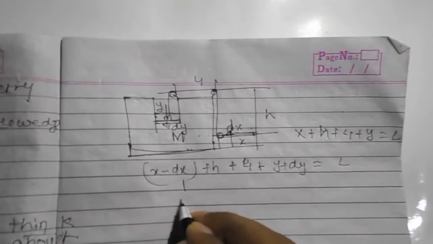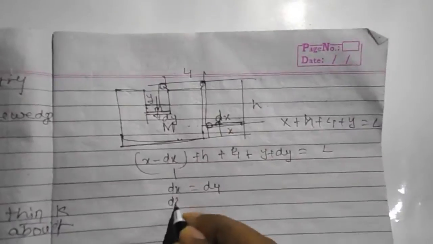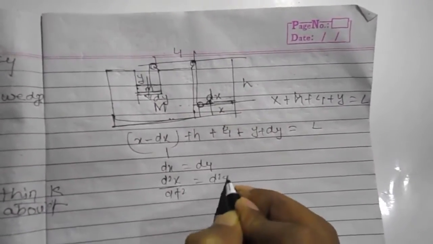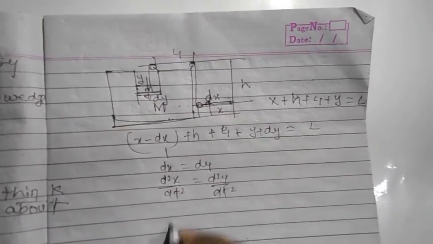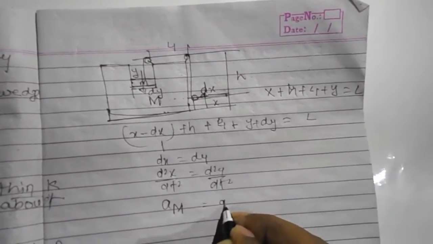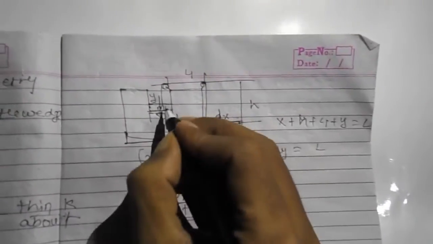If you look at this carefully, dx is equal to dy. What it means is that d2x by dt2 is equal to d2y by dt2. This means that the acceleration of the bigger block M is equal to the acceleration of the smaller block m, in this direction.